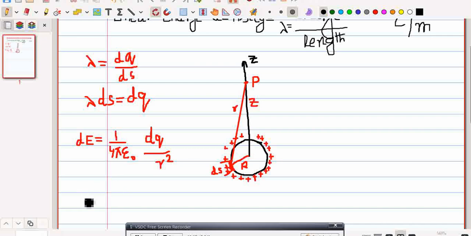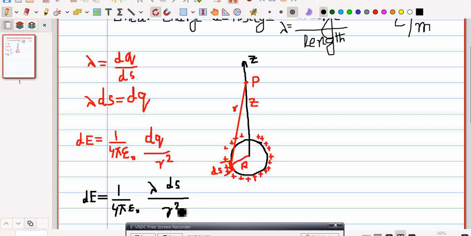Therefore the expression for the electric field due to this small length element will be equal to 1 over 4 pi epsilon naught into, instead of dq we can write lambda ds, so this will become lambda ds over r square.